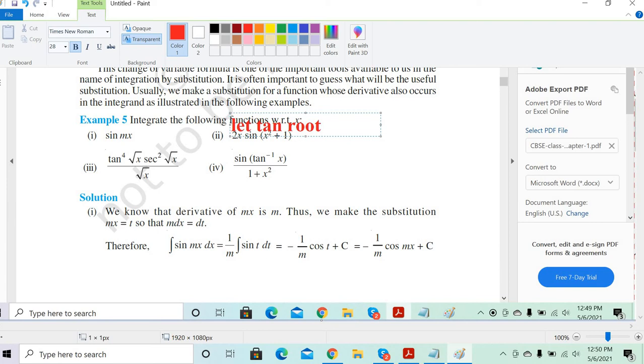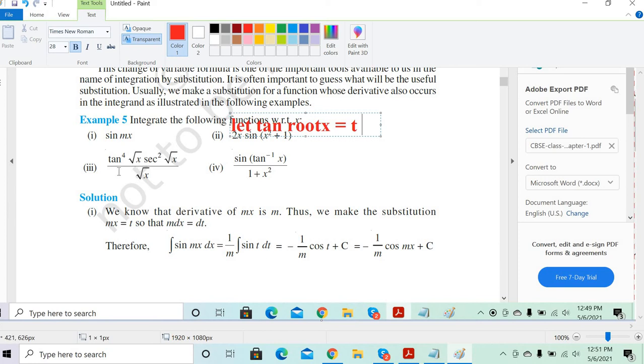See, your whole goal is, Vijay, to make this entire term in terms of sec, because you don't know the integration of tan root x into secant square root x, right? But you know the secant square integration, the direct formula. But let's try to put it now.